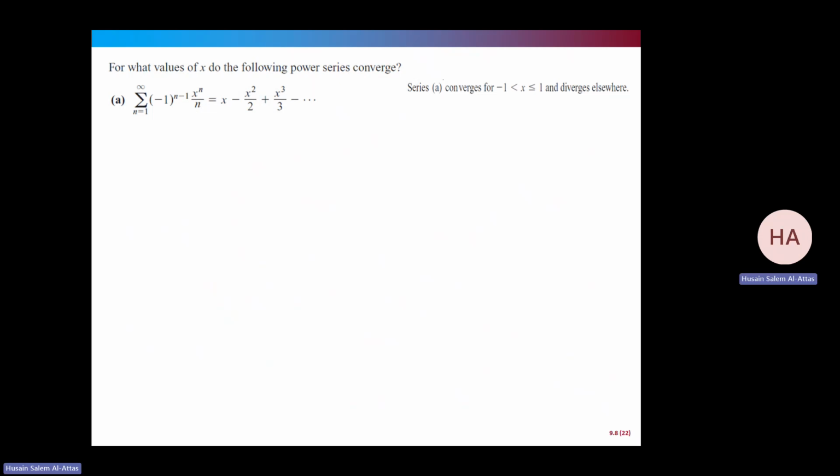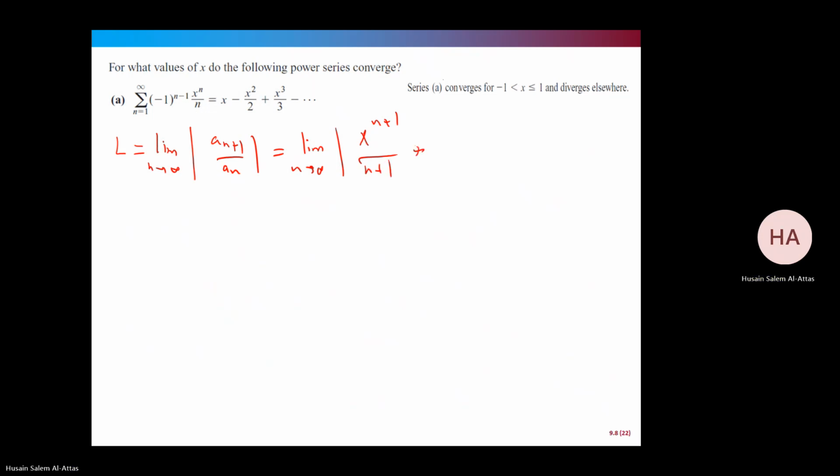The same idea. We'll say L will be the limit as n goes to infinity of a_(n+1) over a_n. That will be the limit as n goes to infinity of x to the power n plus 1 over n plus 1, times the reciprocal of this, which is n over x to the power n.